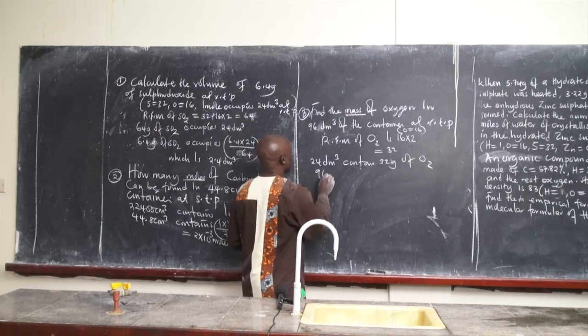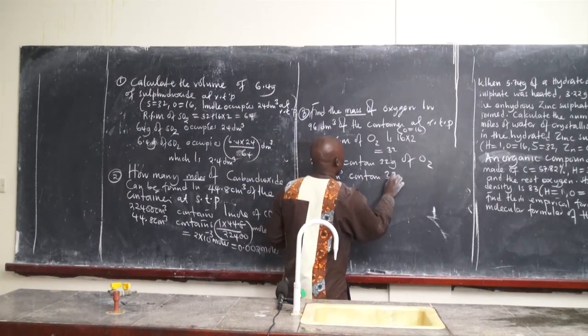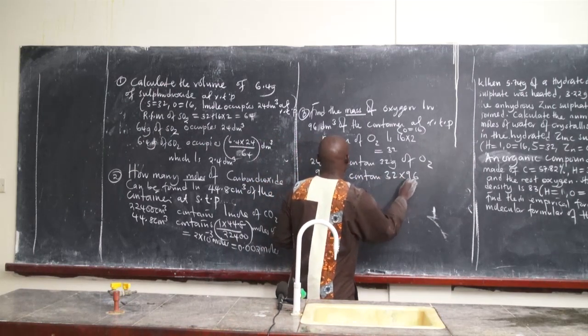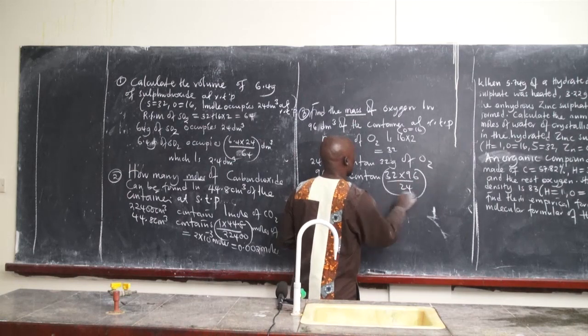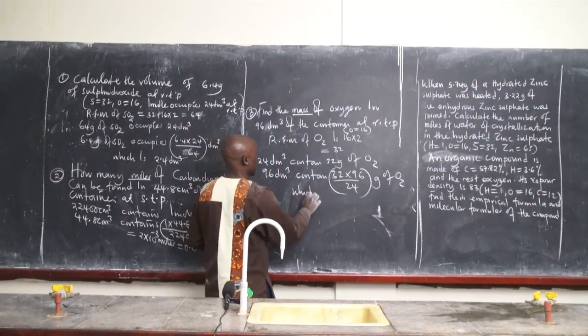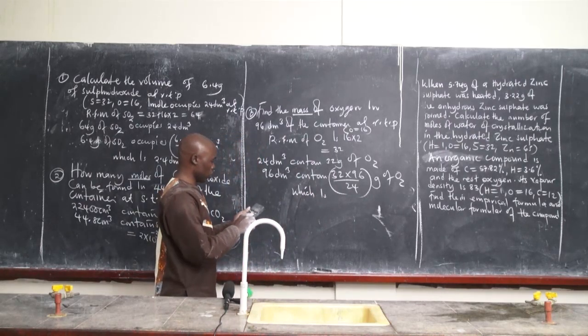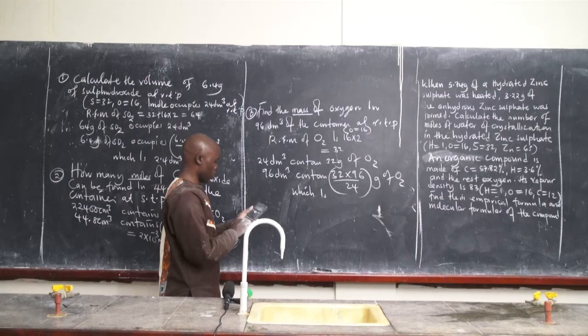Then 96 decimeters cubed contains 32 times 96 out of 24 grams of oxygen. So we multiply 32 times 96 divided by 24.